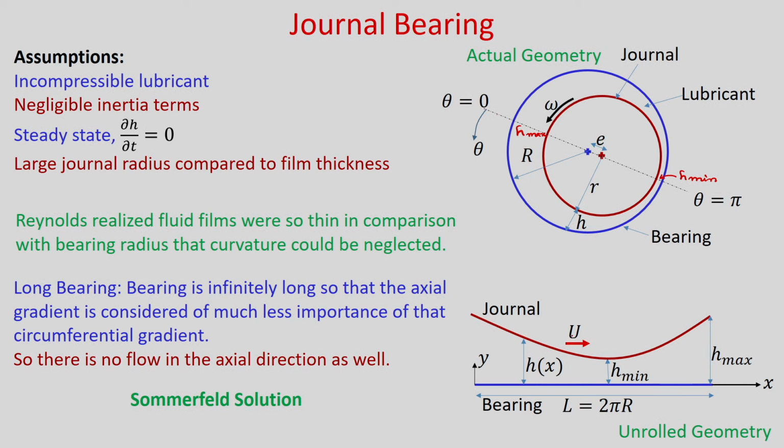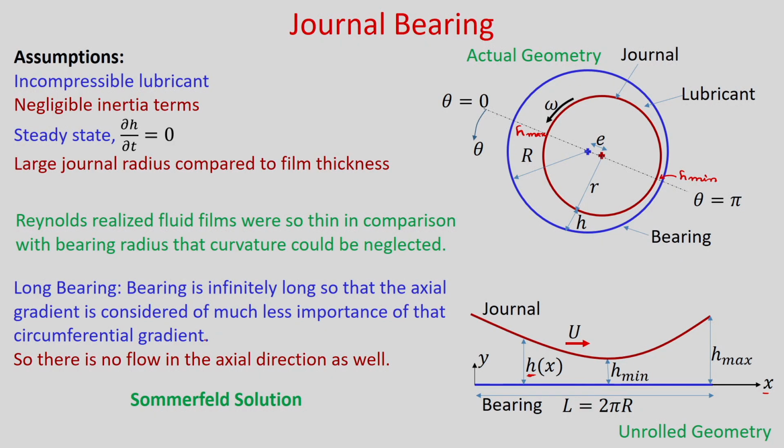So we can give the velocity u in the direction x, which is your theta direction, and this is the h minimum and this is the h maximum, and h is a function of x. Okay. And obviously if you unfold, then the length of this bearing will be 2 pi r. In this case we will consider a long bearing. What does it mean by long bearing?